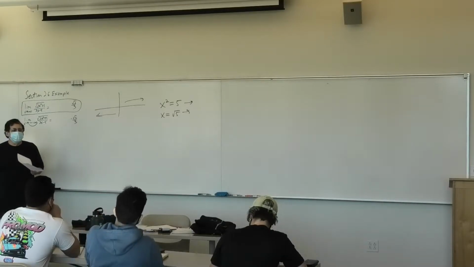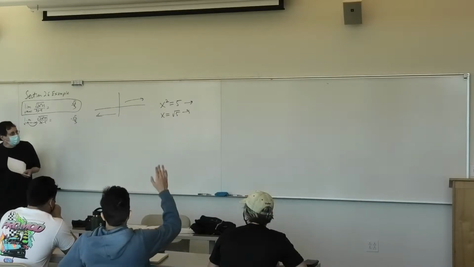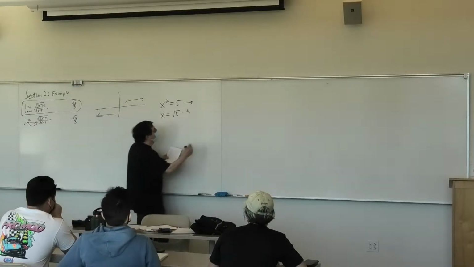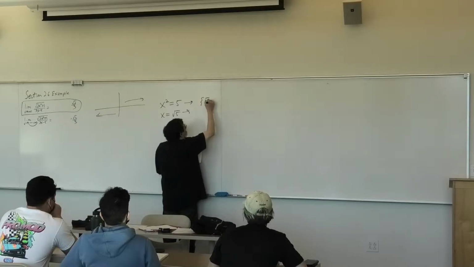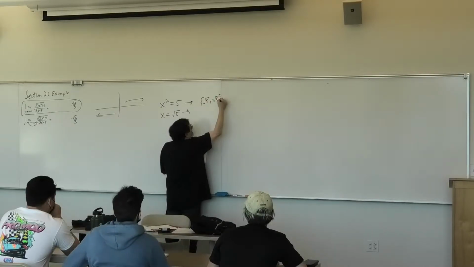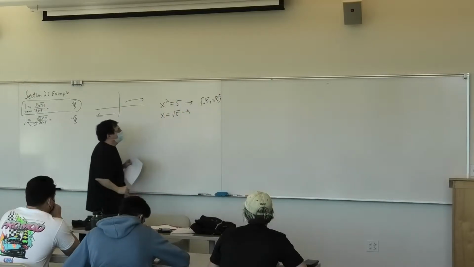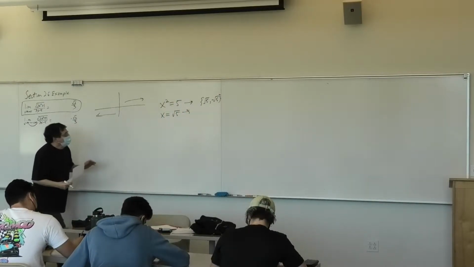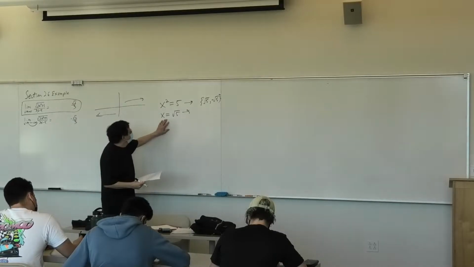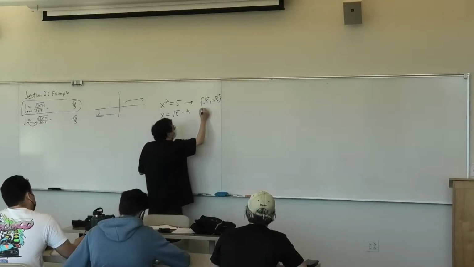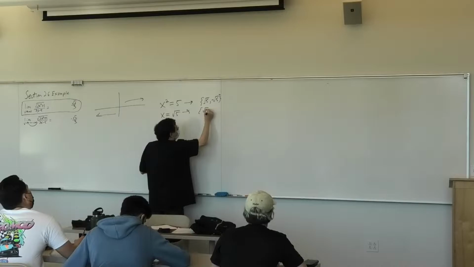All the unshy people are not here yet, so I'll say it: the solution set is square root of 5 and negative square root of 5. A second degree equation has 2 solutions. This is a linear equation. It just has 1 solution.